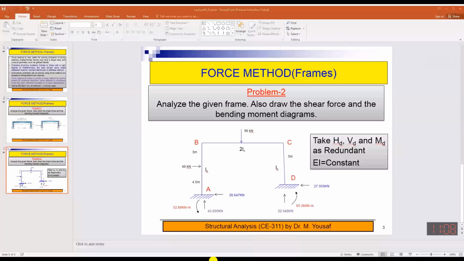हाँ जी, ड्रा कर लिया जनाब? Yes, sir. Okay जी. So I will be sharing the solution of this numerical.